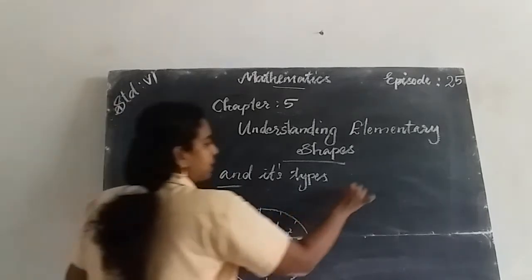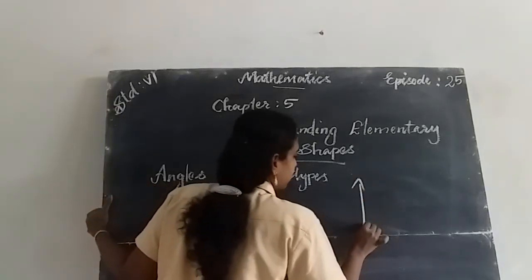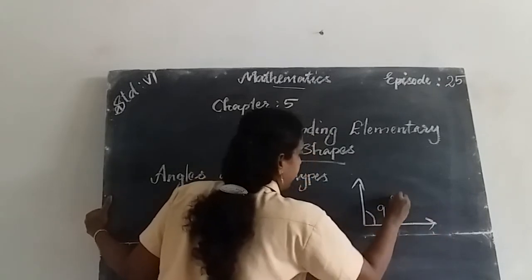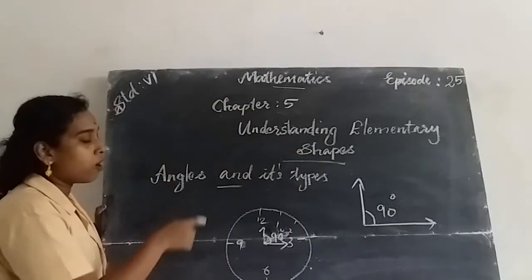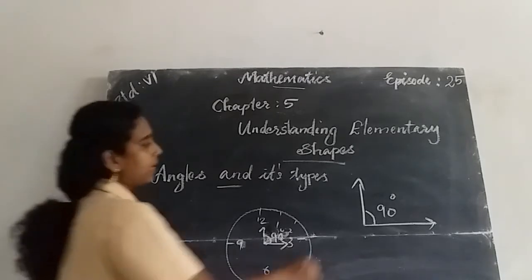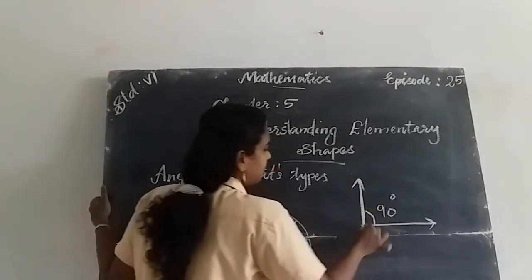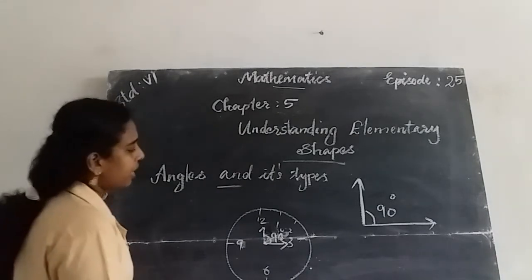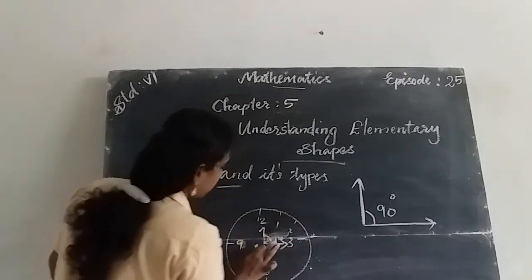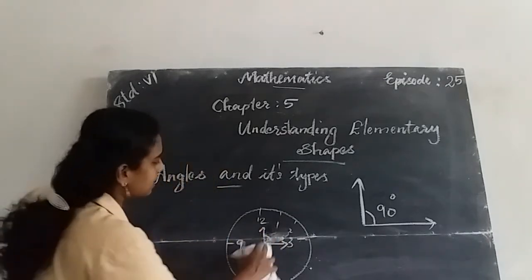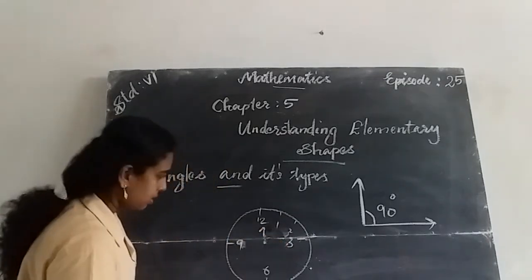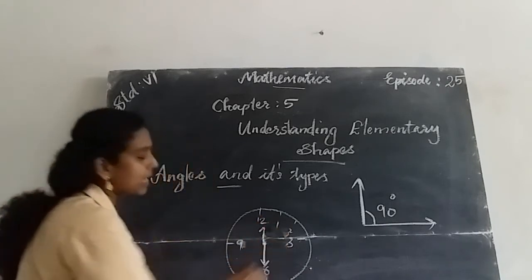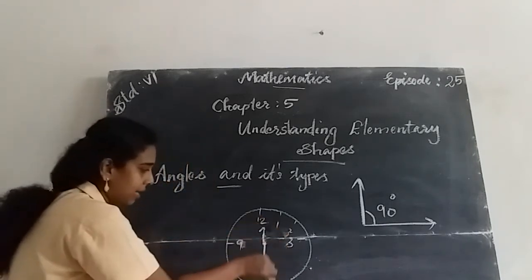So the angle like this measures 90 degrees, and it is known as a right angle. A right angle measures 90 degrees. When the hand starts from 12 and reaches 6, it forms an angle known as a straight angle.